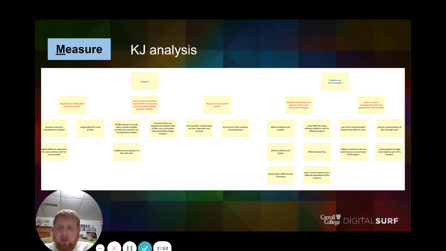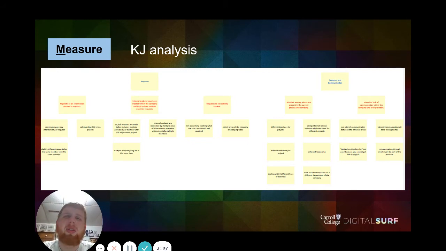Then our blue level we got from our red level, and it's basically the same thing as what the red level does for the black level, but it's an overarching theme amongst the red levels. So our blue levels are company and communication and requests. And then you have this picture built after we have determined our blue level data.